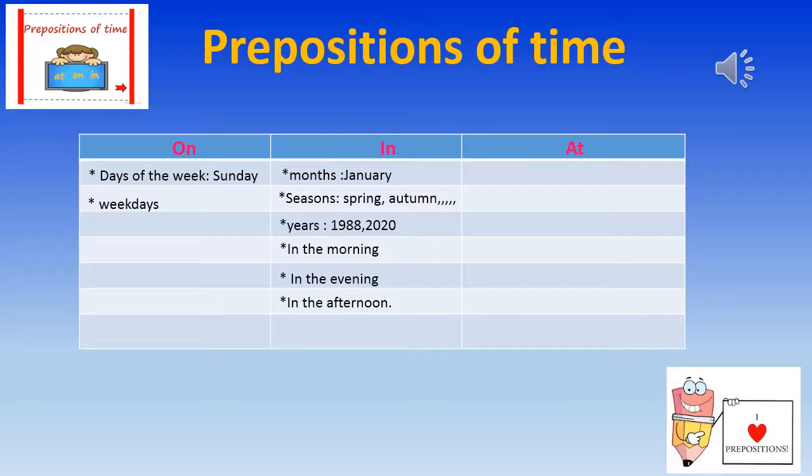At. I use the preposition at before time, like 2 o'clock. At 2 o'clock. I wake up at 6 o'clock. Also, I use at before at night or at midnight or at weekend or at Christmas.